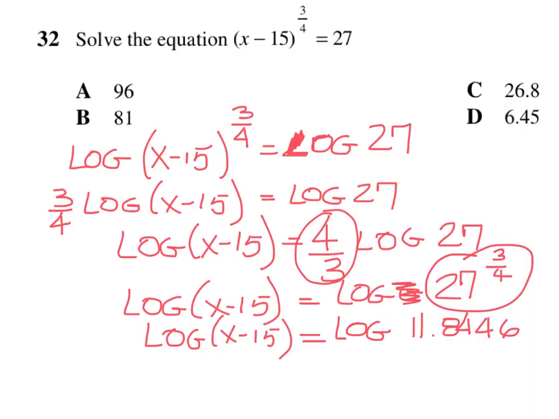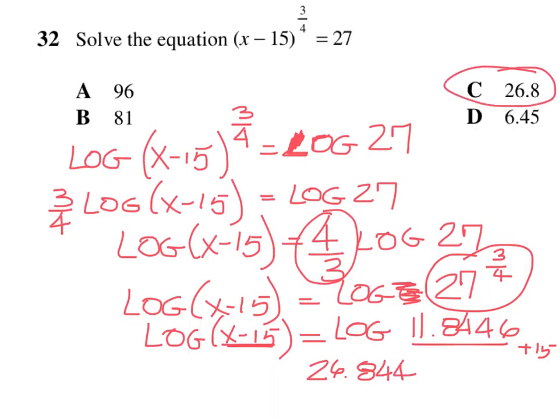So in order to get something that equals this from x minus 15, I would have to add 15 to this. If I add 15 to that, I come up with 26.844 and so on. Clearly, choice C would be the answer.